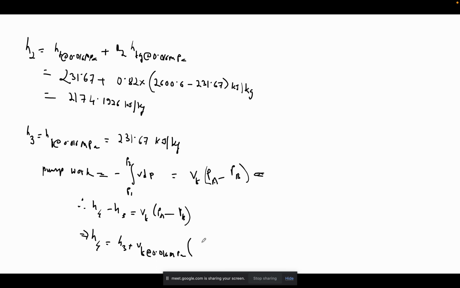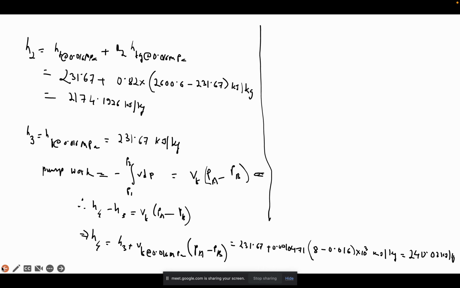So H4 is 0.0010471 into (8 minus 0.016) into 1000, plus 231.67, that is basically 240.03 kilojoule per kg. Now we have got all the enthalpy values.